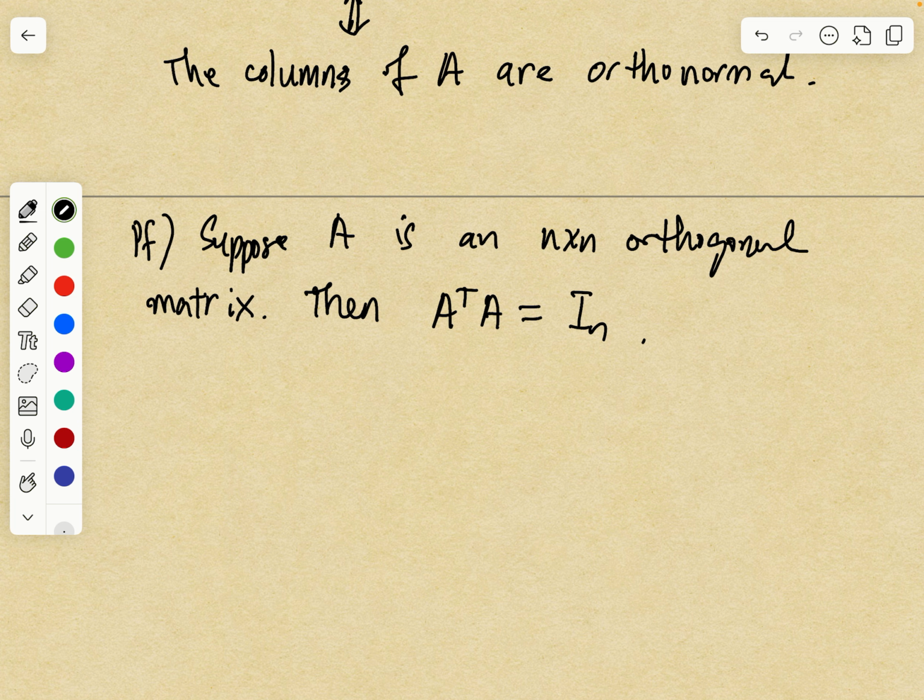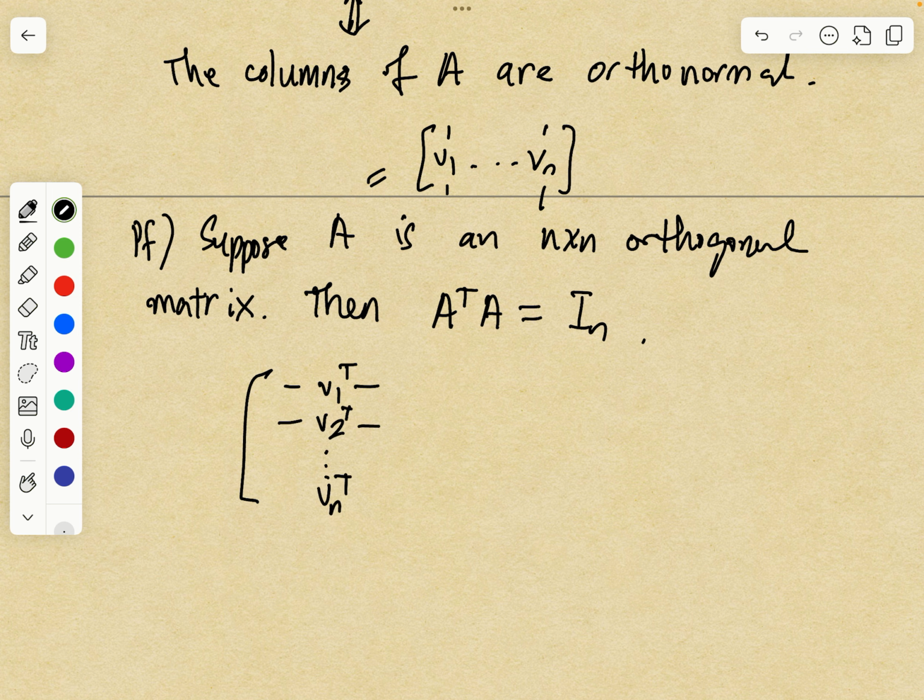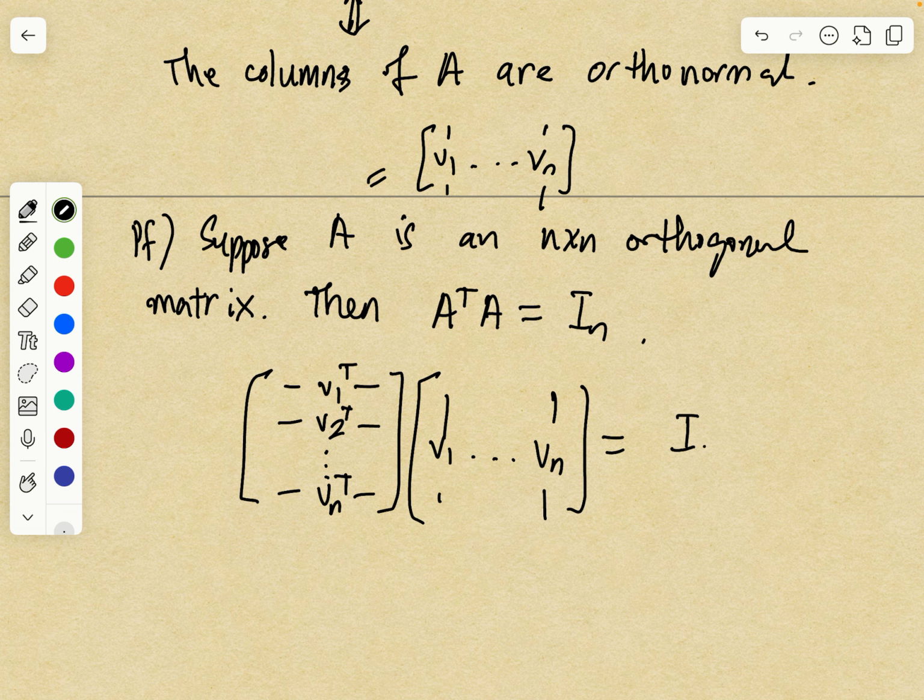So let's say that A has columns v1 through vn. Then A transpose is just going to be the matrix where the rows are the vi transposes, because I'm thinking of these vectors as column vectors, so the corresponding rows will be the transpose. And then if you multiply that by A, you're going to get the n by n identity matrix.